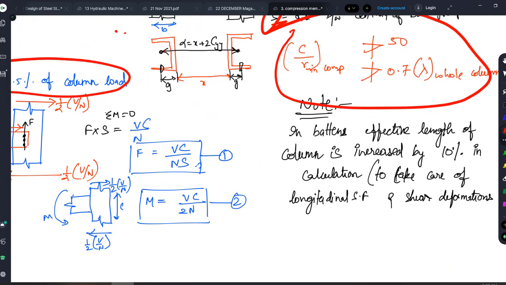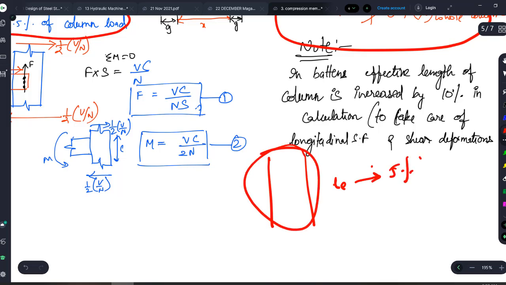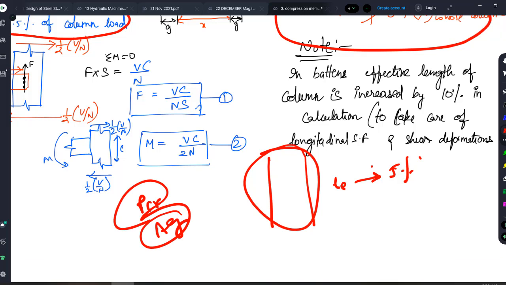But here there is one thing which you have to remember. In lacings, we have assumed the effective length is increased by 5%, right? So that you will be getting the exact load acting on my column, and based on that you can design. Whenever the load comes less, you will increase the area so that it can take that much load easily without failing.